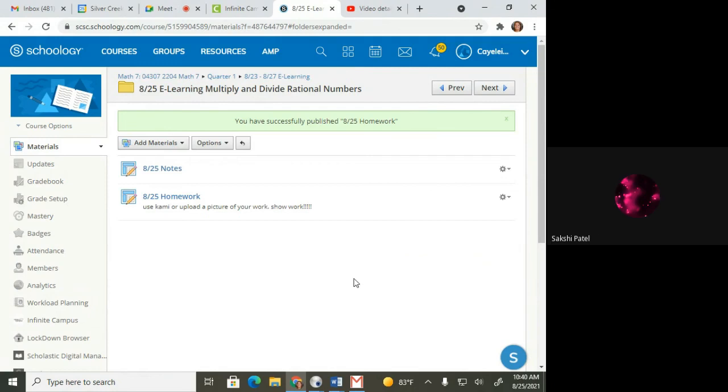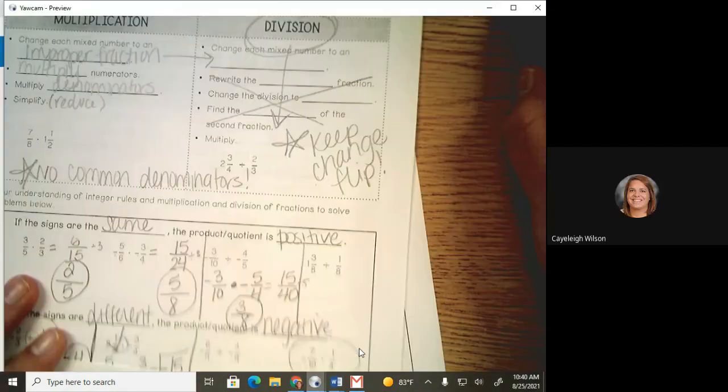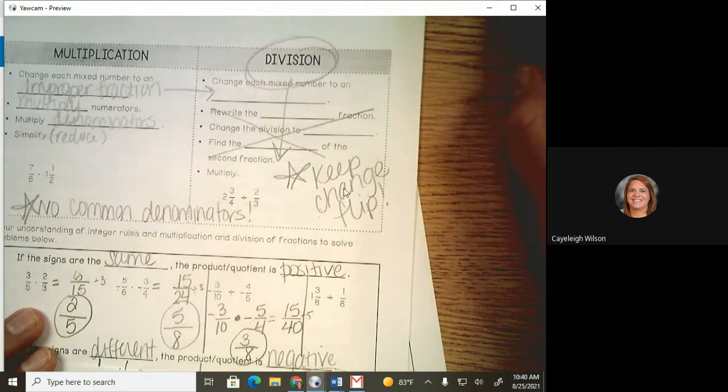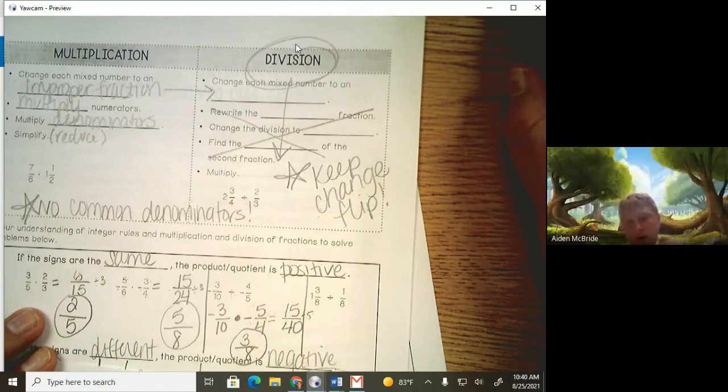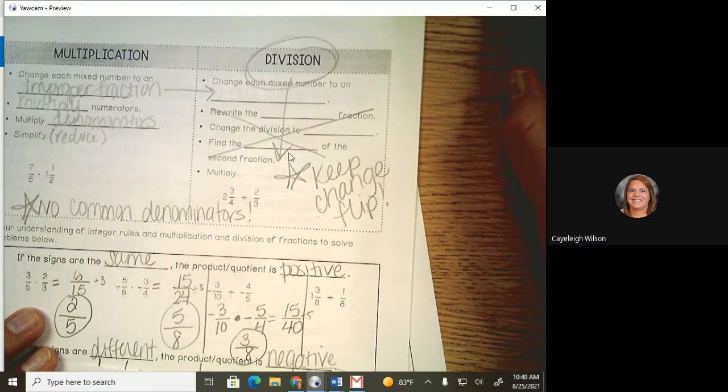Yeah. So that's why when I went up here, I put division is keep, change, flip. Yeah, it says division right there, guys. Division is keep, change, flip. And then multiplication, you just multiply numerators, multiply denominators, and reduce.